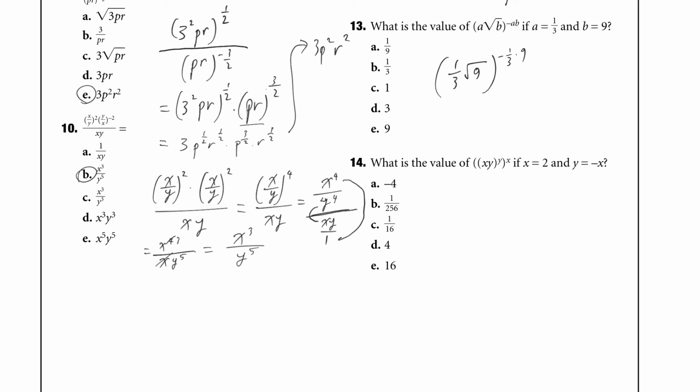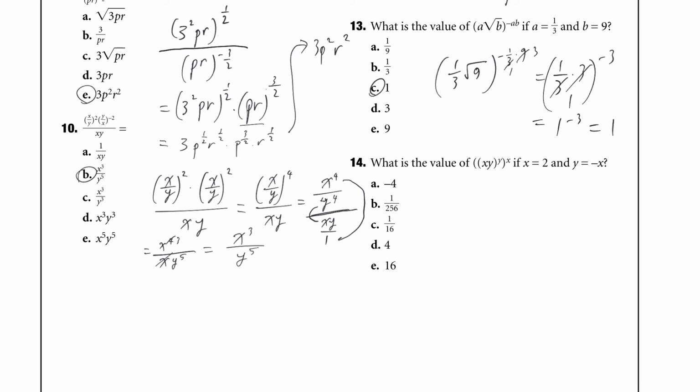Well, what's the square root of 9? That's just 3, right? And -1/3 times 9 is -3. But we know that 3 and 1/3 get canceled, so that's 1. So 1 to the power of -3, or actually 1 to the power of anything is going to be 1. Answer is C. That was easy.